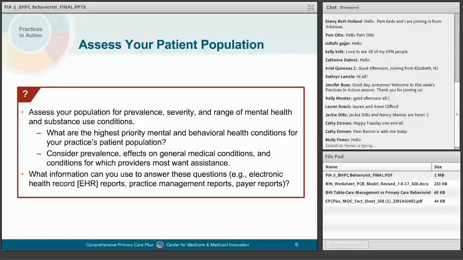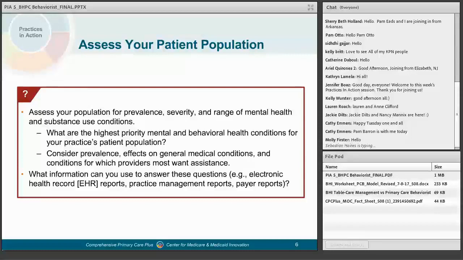Your patient population assessment will identify common behavioral and mental health conditions as well as chronic health diagnoses you see most in your practice. It is also helpful to understand the severity of these conditions as you choose which model to implement. You may be administering assessments such as the PHQ-9 to assess depression or the GAD-7 to assess anxiety.